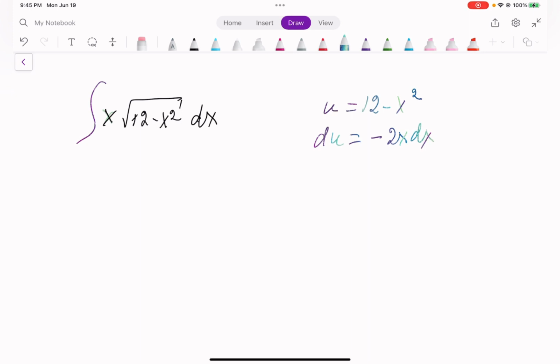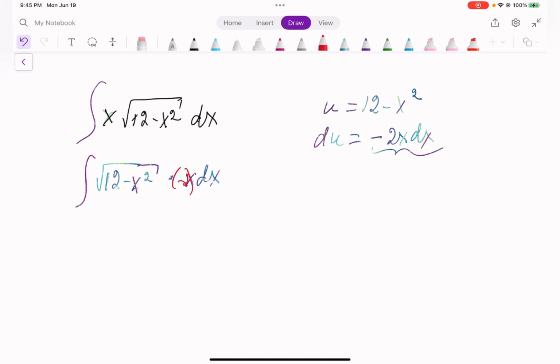Okay, so what do we need? For du, let me rewrite. It's going to be 12 minus x squared, right? And here I will have x dx, but we need negative 2. So I'm going to put negative 2 here.